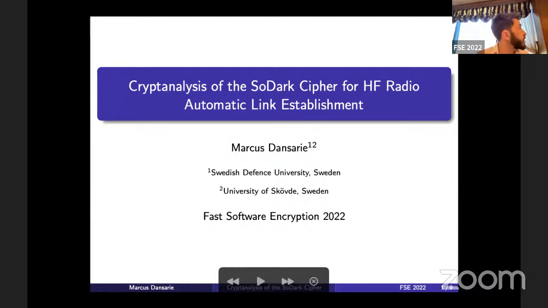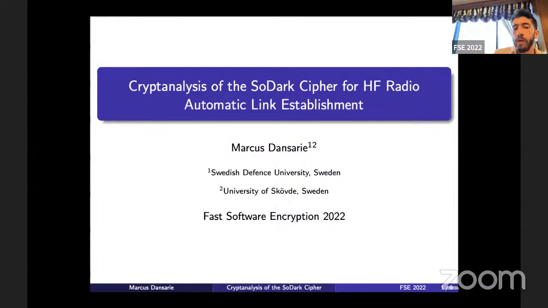Okay, so the last talk of the session is about cryptanalysis of the SoDark cipher for HF radio automatic link establishment. It's work by Marcus Dansarie, and Marcus will give the talk.